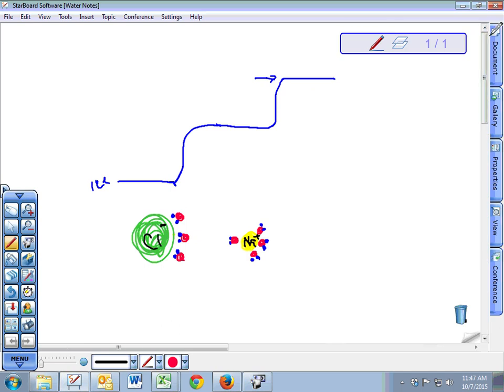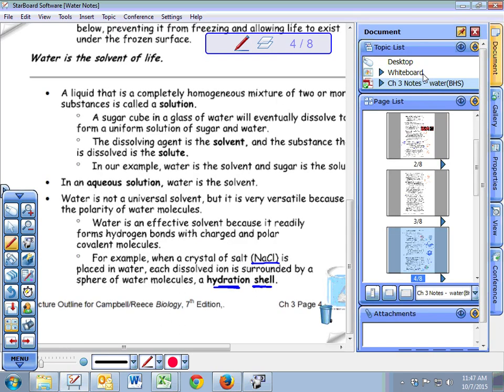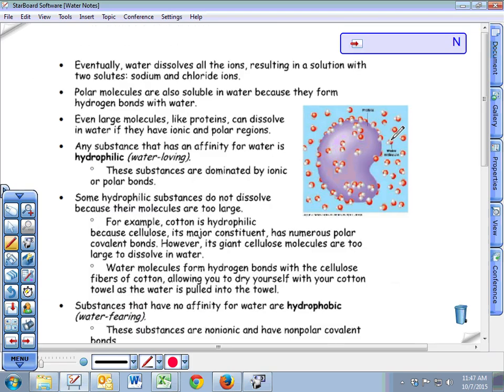Well, that works for little stuff. It can even work for big stuff as long as some part of the molecule is polar. Proteins are too big to reasonably dissolve. If this is one molecule of protein, it's so much bigger than the water, you should see chunks of it floating around, except that because it gets completely covered in waters, even two giant molecules of protein won't stick together.